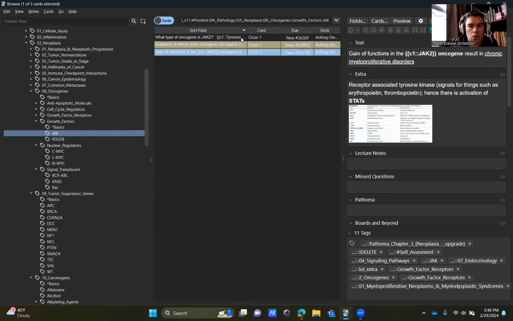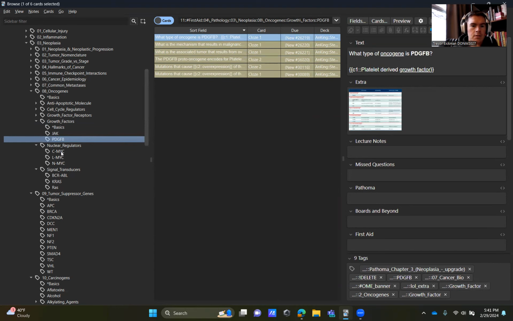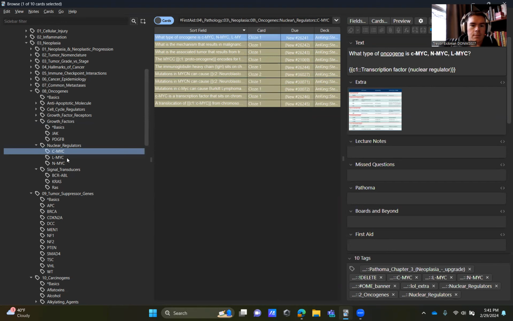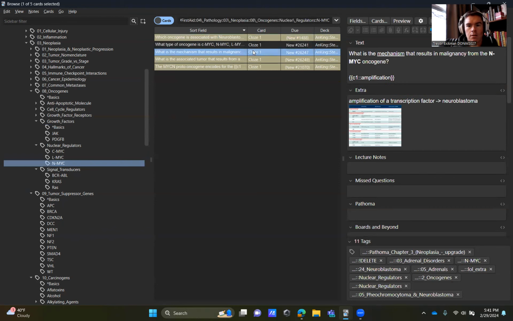And then the JAK, I grabbed the first one just because you had a specific slide mentioning it. So JAK2 is a tyrosine kinase that promotes cellular growth. This one I skipped. And then in the nuclear regulators, grab the first card here in the CMYC. And then it's the same card for the LMYC. And then in the NMYC, it'll be the same card here again.